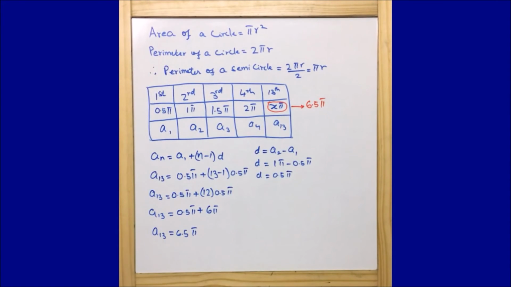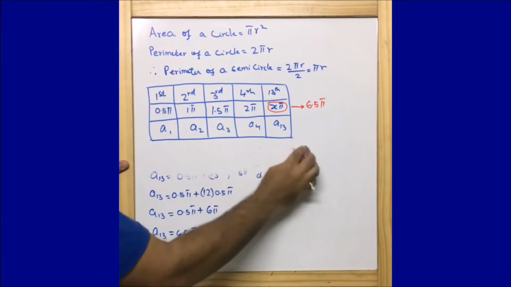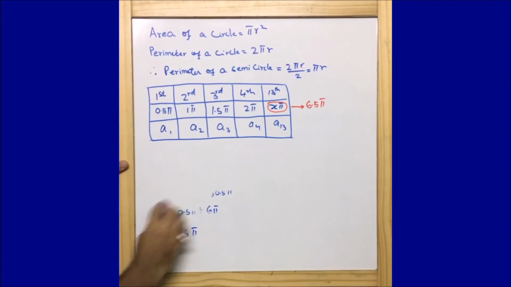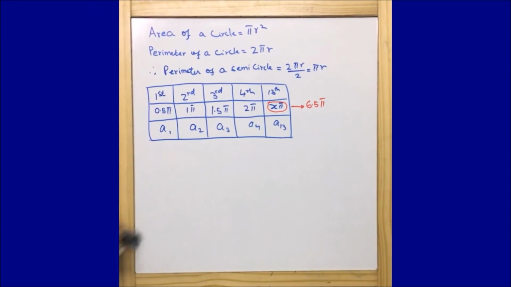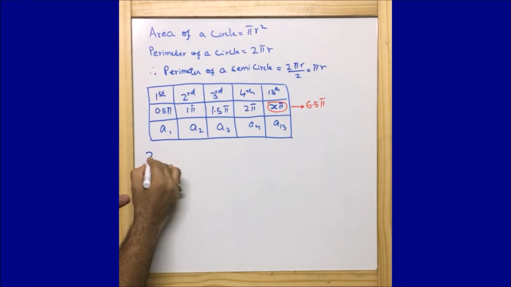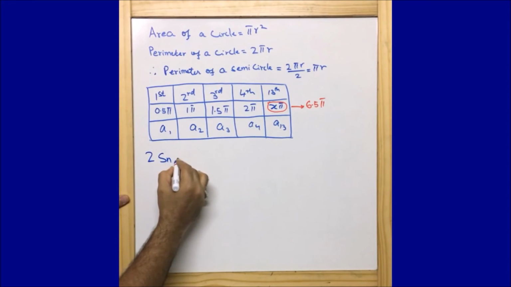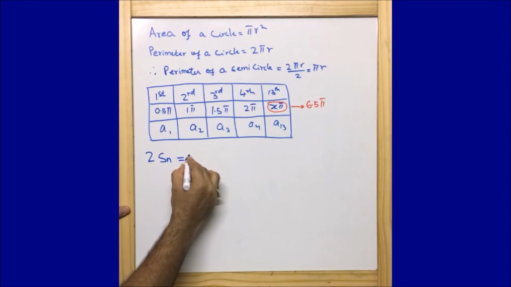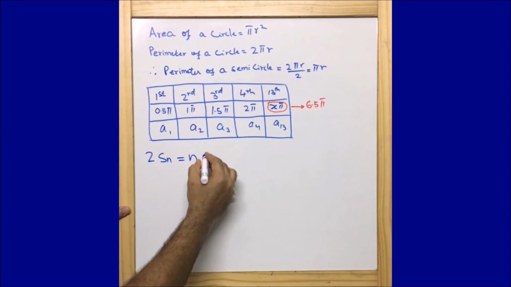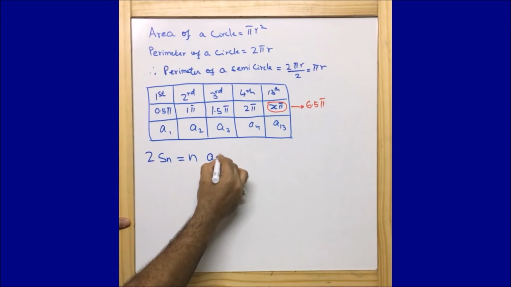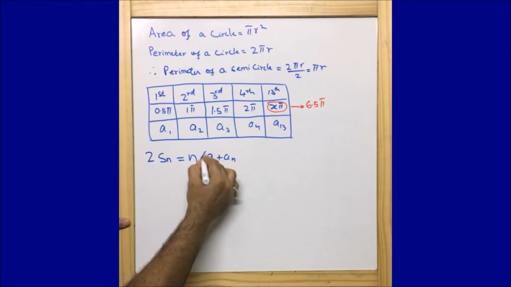Now with this information in hand, we can easily move ahead and find out Sn, or I can say the S13 value. So let us see. Now I am going to put the formula for Sn, that means the sum of an arithmetic progression. We very well know that the Sn formula is 2Sn is equal to n into (a1 plus an).